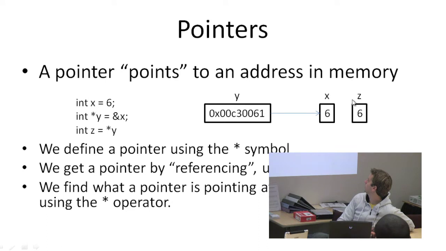We create this new pigeonhole z, and y points to 0x00C3, which is this part of memory, and we look in here, and this is 6. So we store in z what 6 is. If we change the value of x to 7, z will stay the same. But if we did this call here, this would be 7 now.